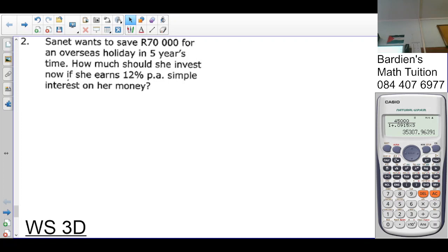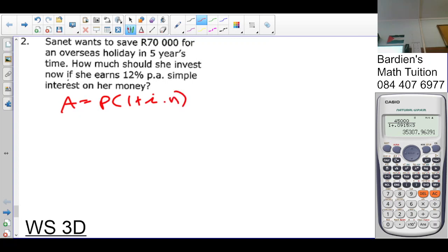Okay. So Annette wants to save 70,000 rand for an overseas holiday in 5 years' time. She has to go visit probably a cousin in England. How much should she invest now if she earns 12% per annum simple interest on her money? What formula do we use? A is equal to P into 1 plus I times N. A is what?